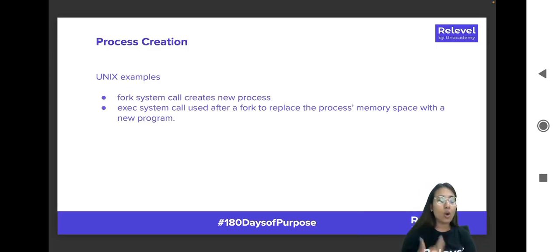What this call does is load a binary file into memory, destroying the memory image of the program that contained that system call, and then it starts its execution. In this manner, the two programs are able to communicate with each other and then they simply go their separate ways. So in the Unix operating system world, this is how you create a child process from the parent process.